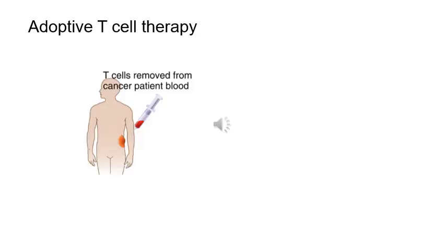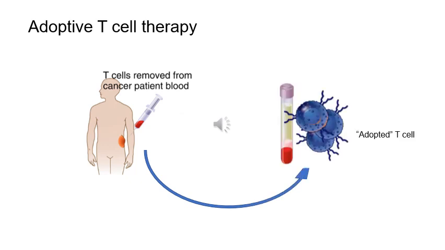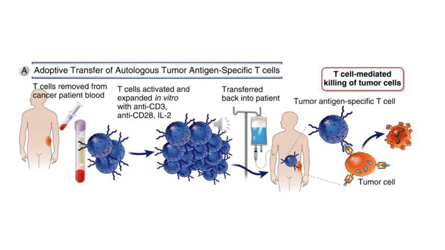This tumor killing system associated with effector T cells is used for cancer treatments. There are two types of adoptive T cell therapy, in both of which T cells are taken from a cancer patient's tumor tissue or blood.